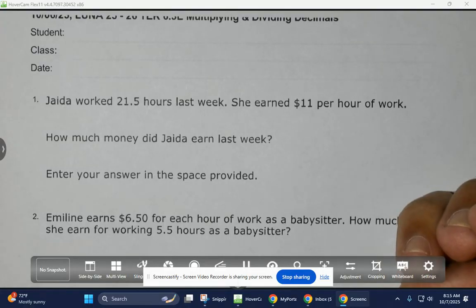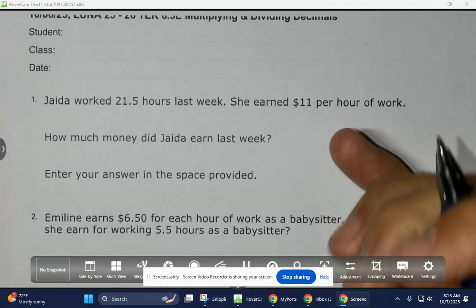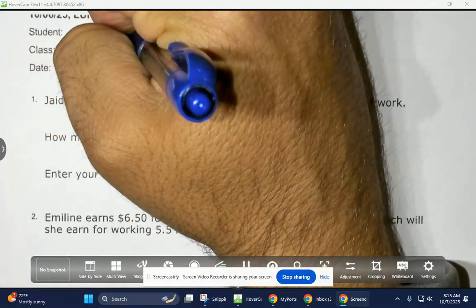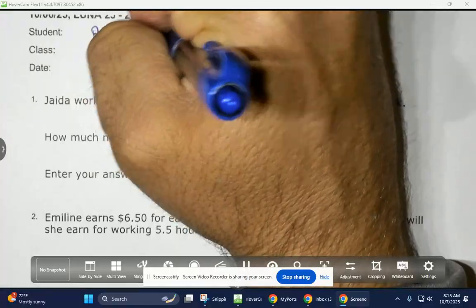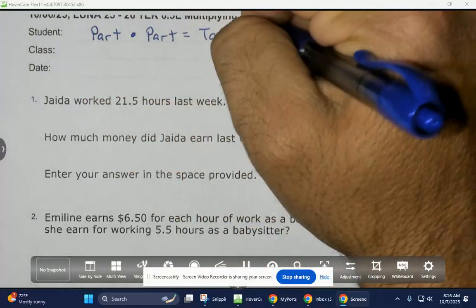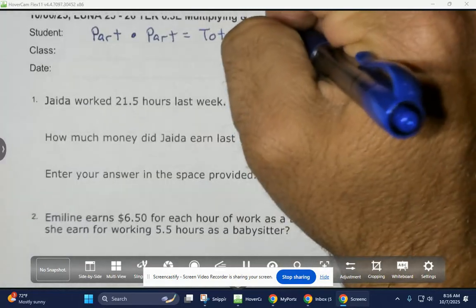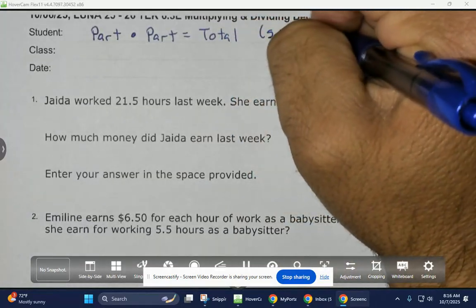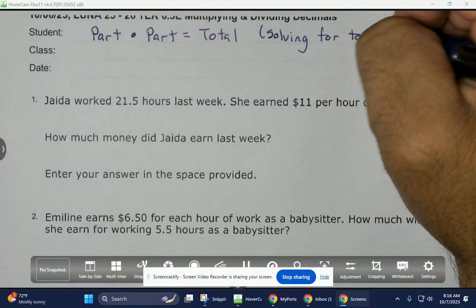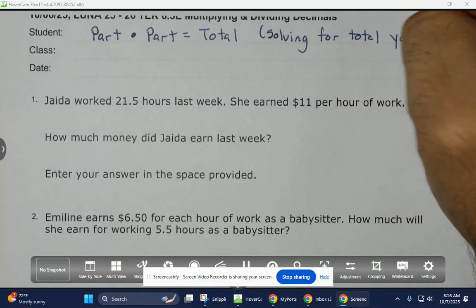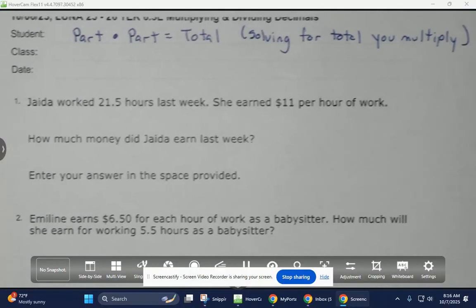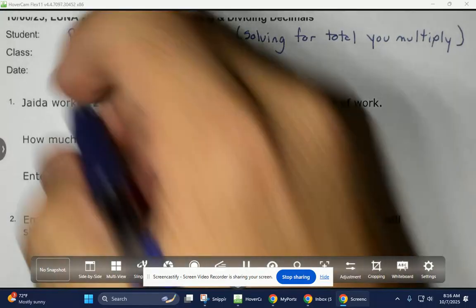If you're ever solving for a total, you're going to take a part and multiply it by the part to give you the total. So this is solving for total. You multiply. If you're given the total, you divide.